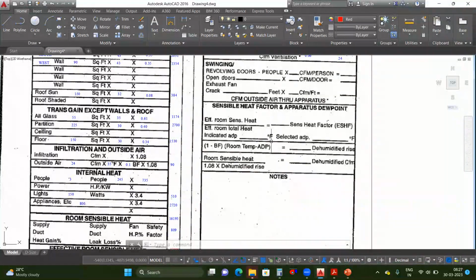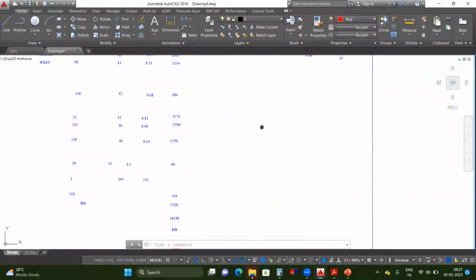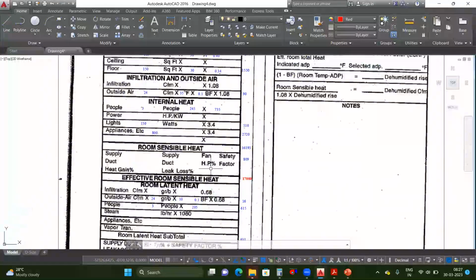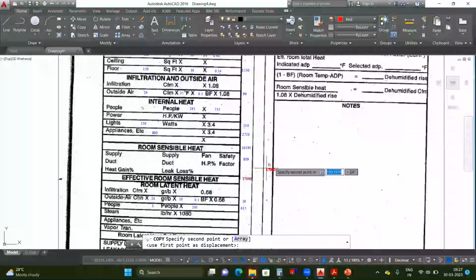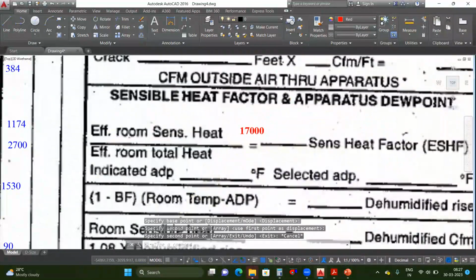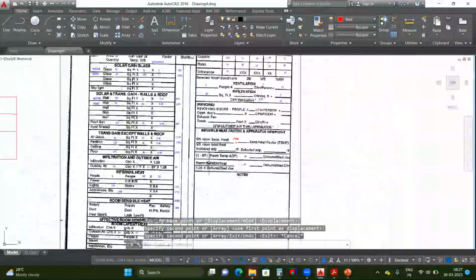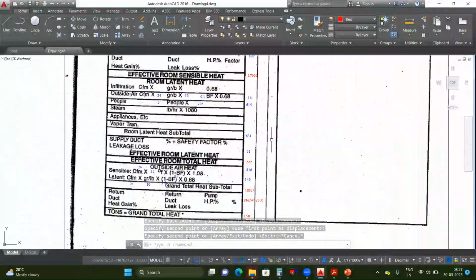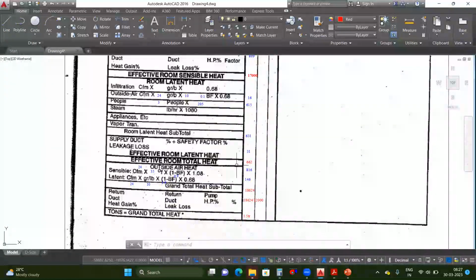So effective room sensible heat divided by effective room total heat. What is the effective room sensible heat? This is our effective room sensible heat, it is 17,000. So 17,000 divided by total heat. What is the total heat? Total heat we need to take without adding these 816 and 146 values.